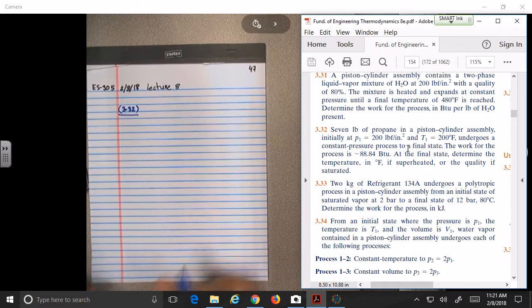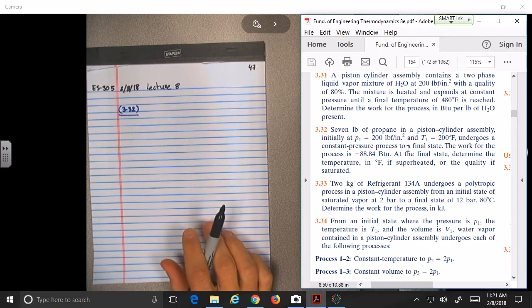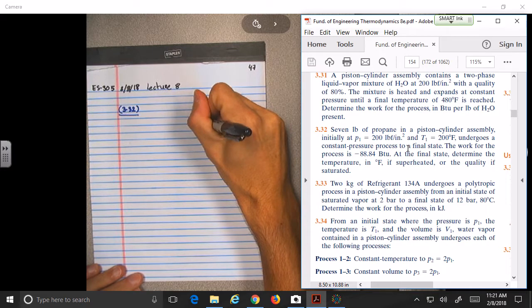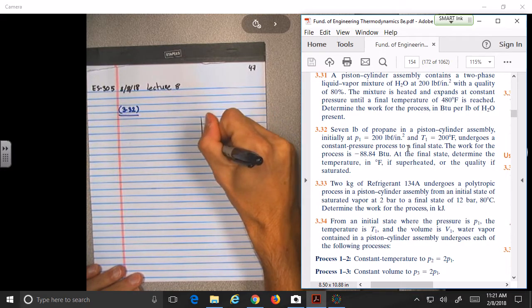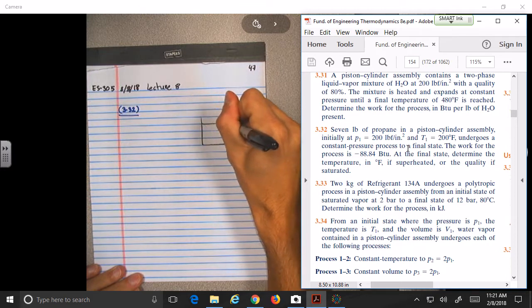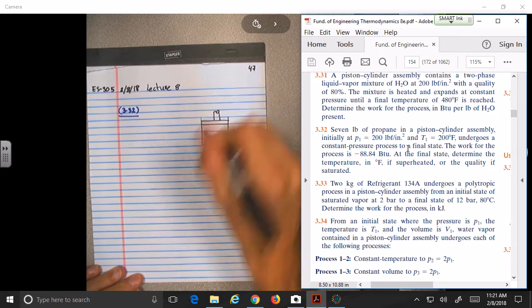Okay, guys, so remember, this is part of the solution. So 332, we know 7 pounds of propane in a piston cylinder assembly. The first thing I do is draw my piston cylinder assembly.